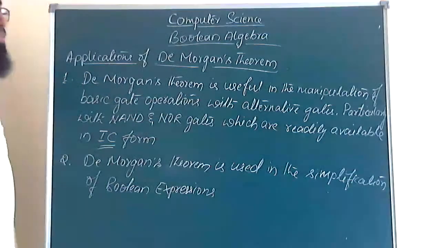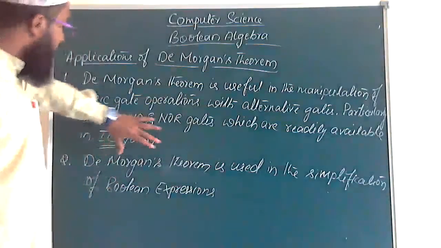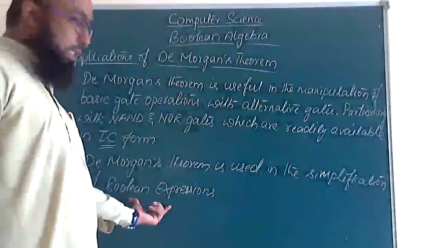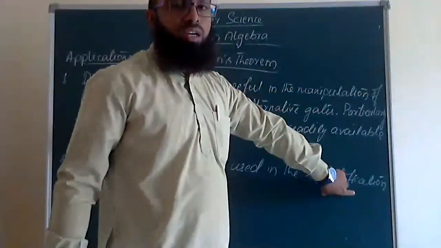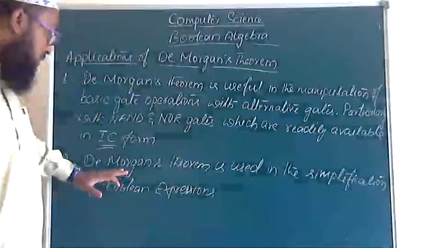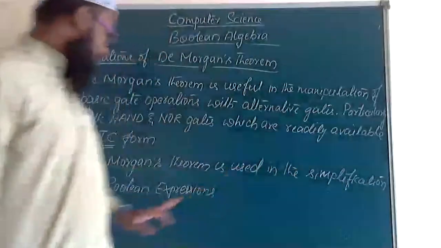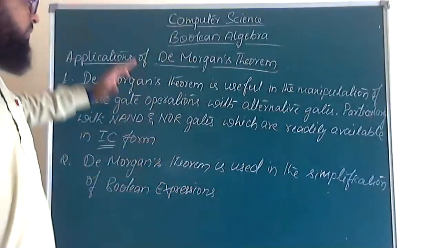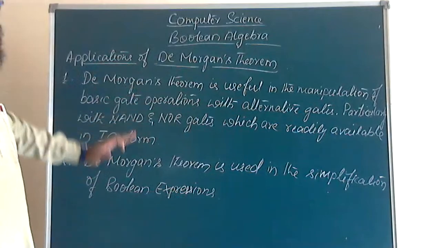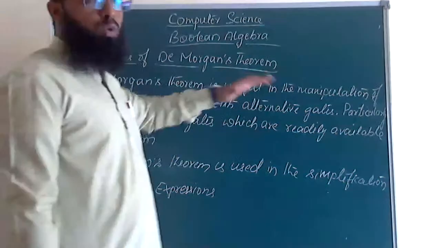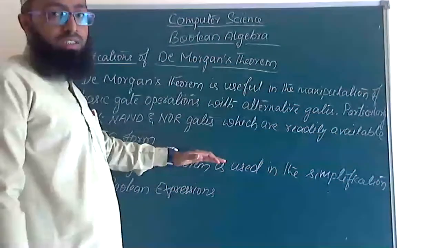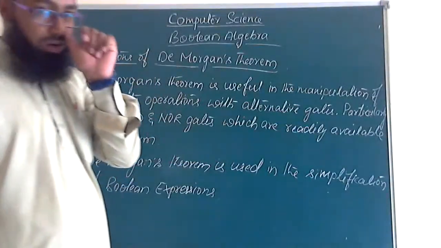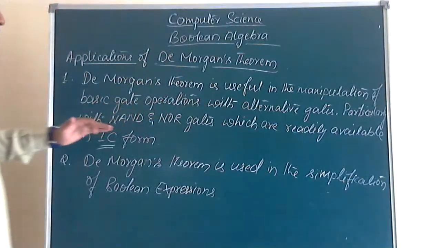If any Boolean expression is there, we will use De Morgan's theorem to bring this Boolean expression into simplified form. First remember these applications, then when we move on to deriving expressions, at that time you will come to know all the uses and applications of De Morgan's theorem.